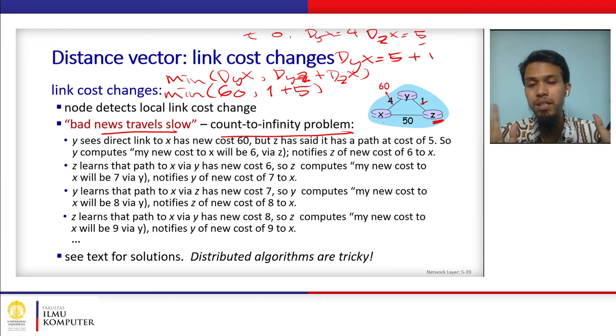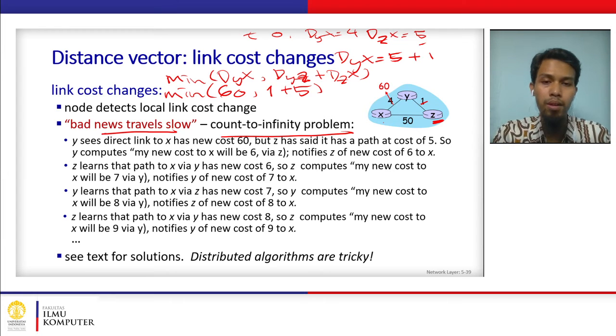It doesn't know whether the path from z to x also goes through y. This information is unknown to y itself. So that's why it thinks, okay, I have to take this path, and it updates the path cost to 6.